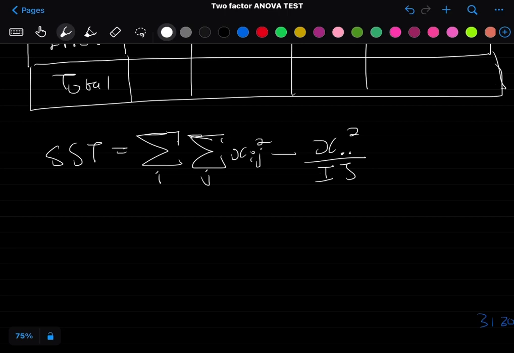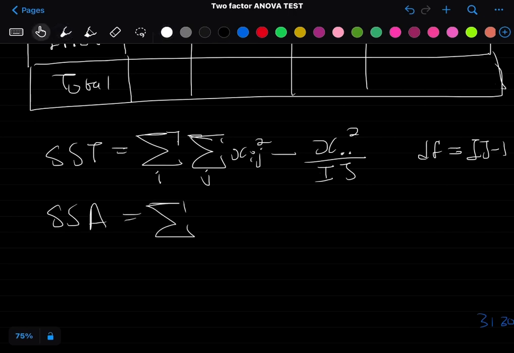So the degrees of freedom for the total is ij minus 1.